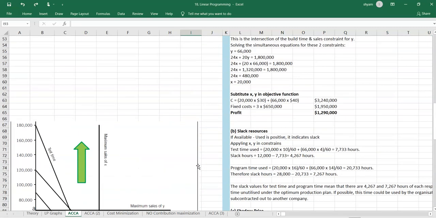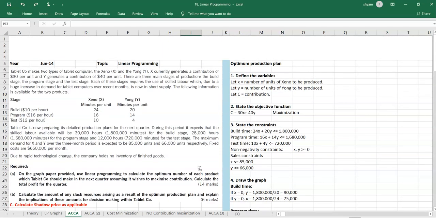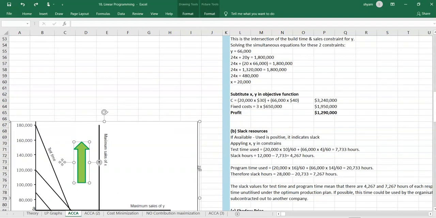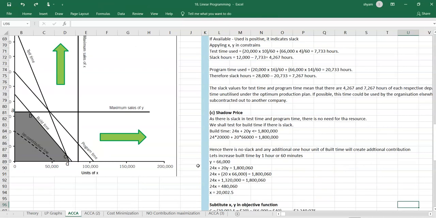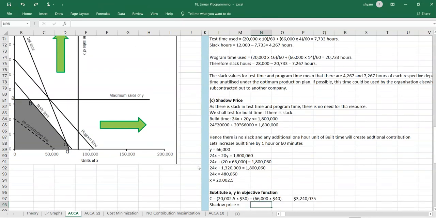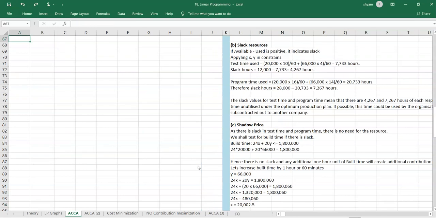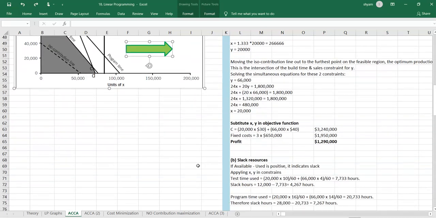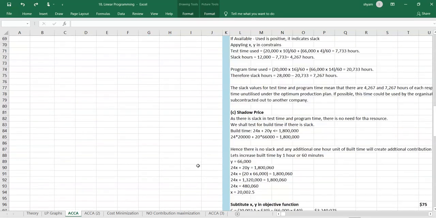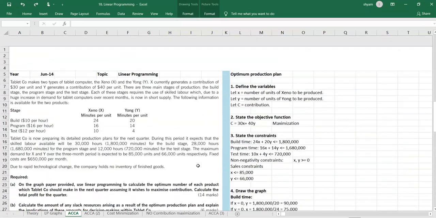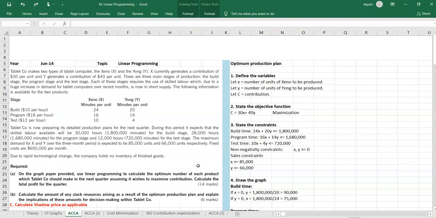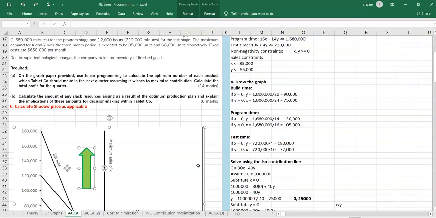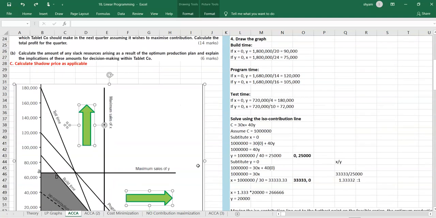So in this problem, we have seen, from the top, how to define the variables, create the objective function, create the constraints, create the coordinates, and then draw the graph.